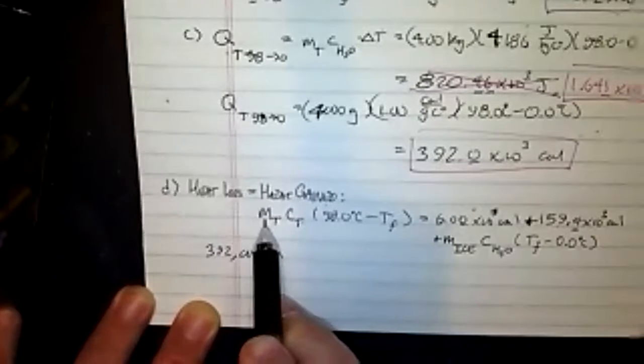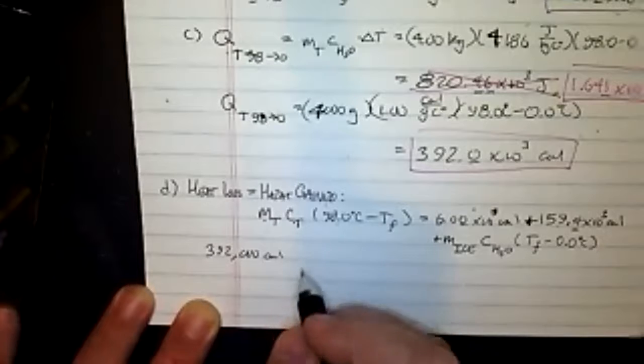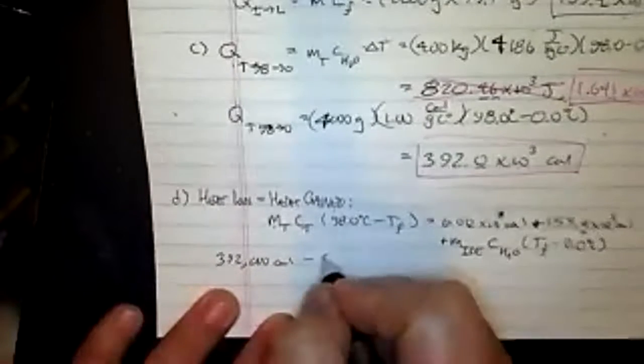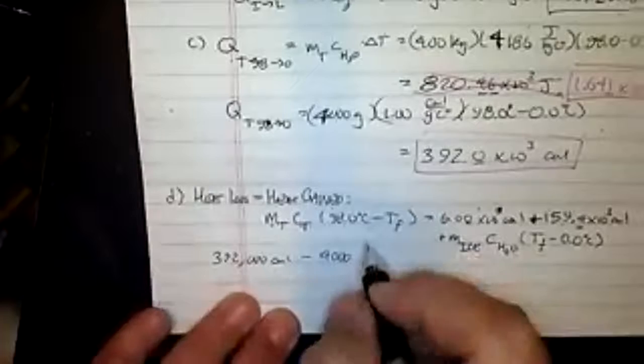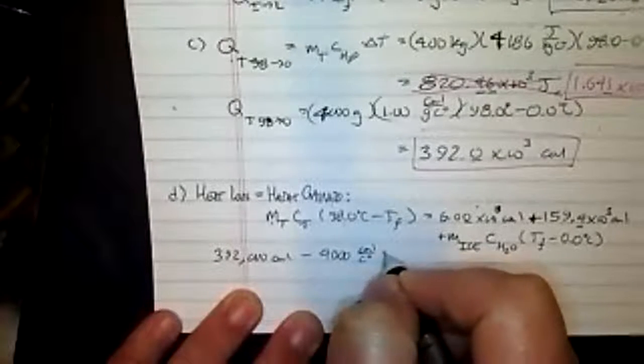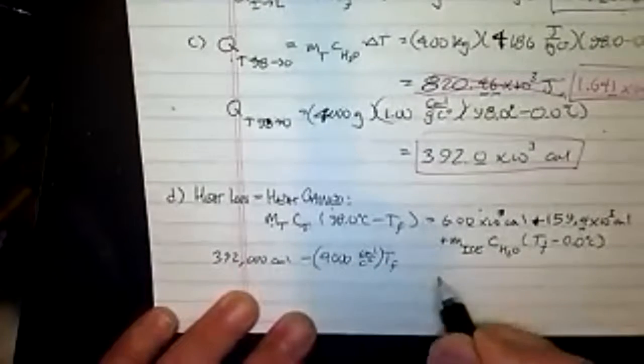That's basically 4,000 times 1 times 98. Now minus, if I take the 4,000 times 1, I get 4,000, and that's calories per Celsius degree times T final. That's the left-hand side.